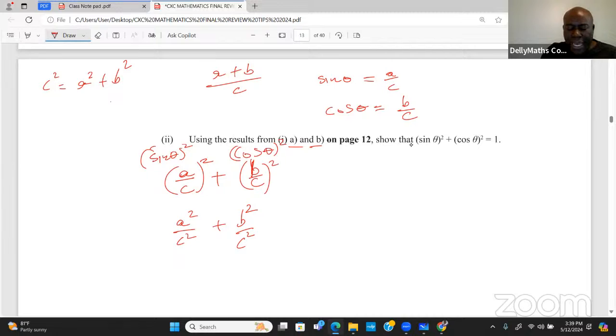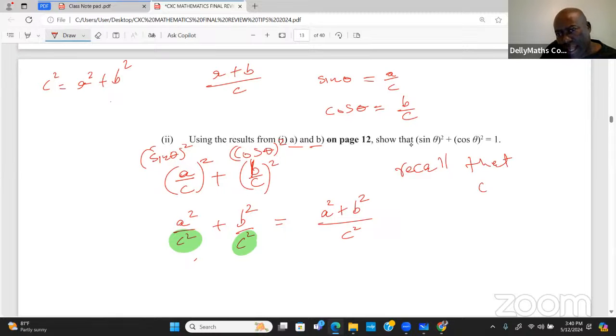Now, in an effort to prove that this is 1, there are a number of things that we can do. Let us simplify this. Again, my denominators are the same. They're both C squared, which means that I have C squared here. What do I have as my numerator? I have A squared plus B squared. At this stage, I'm going to recall that C squared is equal to A squared plus B squared.